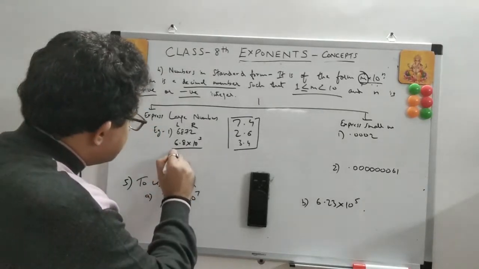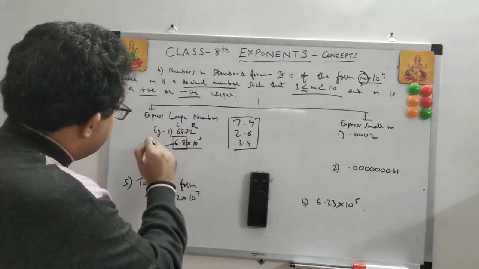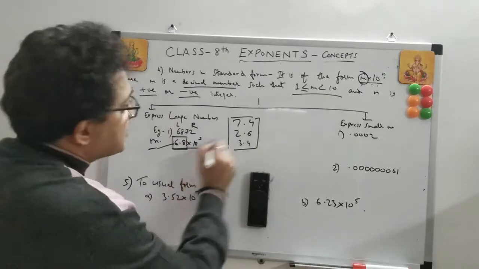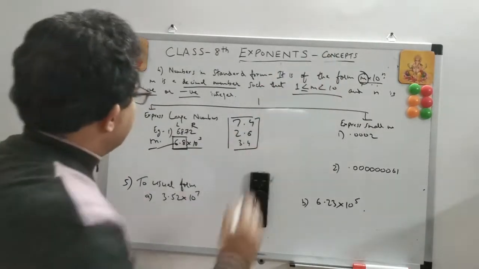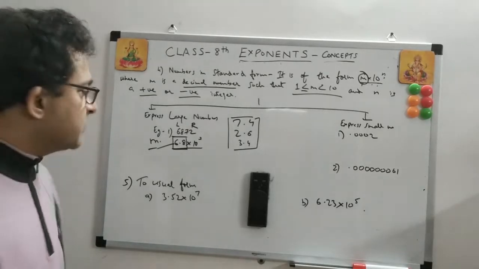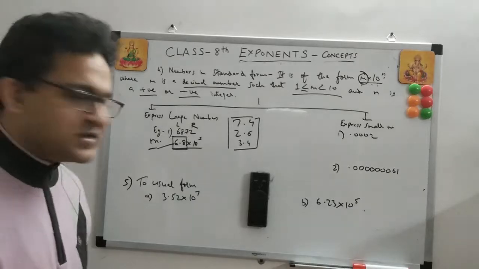So just put this 6.8. Now this becomes your m, which is the decimal number, into 10 to the power n. And what is this n? N is the number of digits which are to the right of the decimal point. 1, 2, 3. Simple.